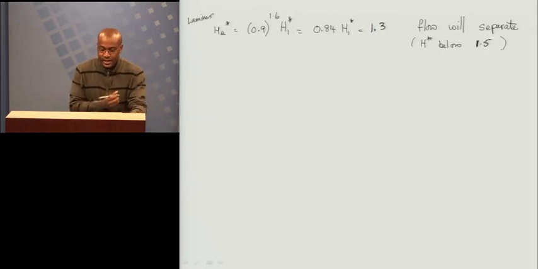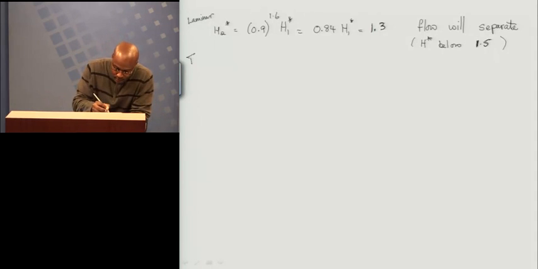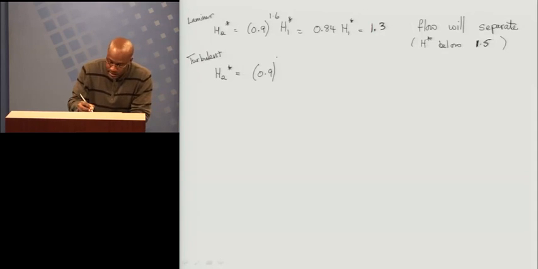And for the turbulent case, H2 star turns out to be 0.9 times 1.4 minus 1, so that's 0.4, times H1 star, which is 1.85.